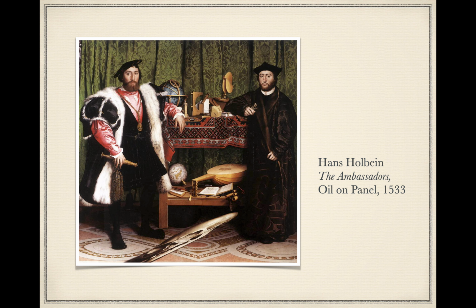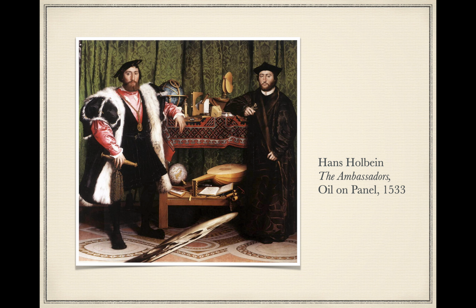It is in the National Gallery in London. I've been there, I've seen it, it's pretty amazing. And it has this weird streak right here in the painting, which is actually an anamorphic image.